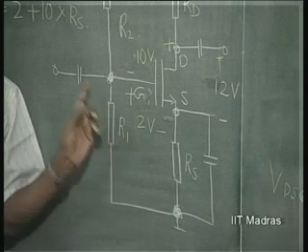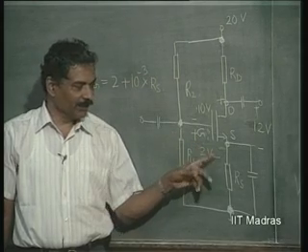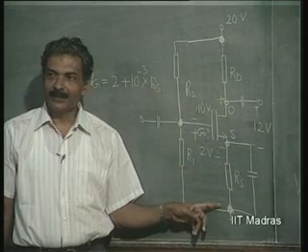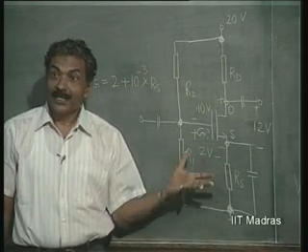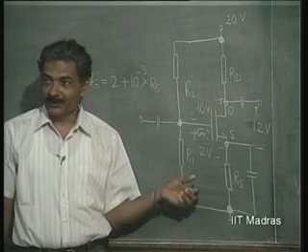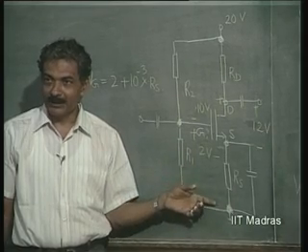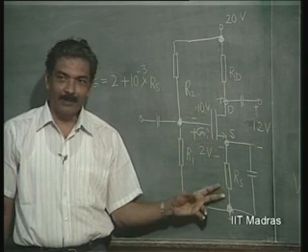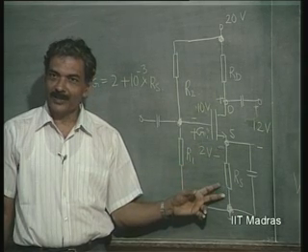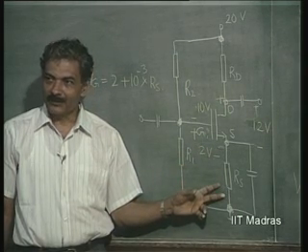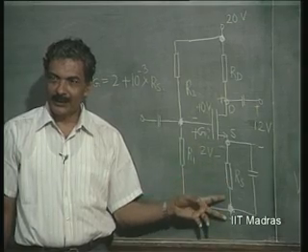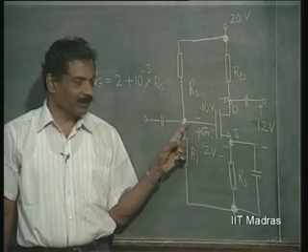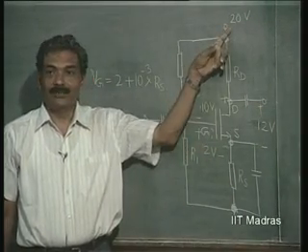But you might say, why 10 volts? If this is 2 volts, I would like to have here, say, 10 volts or even 12 volts or 20 volts. Is it possible? It is not possible, because compared to 2 volts, if you want to make this very high, strictly speaking, you should have chosen it as 20 volts. If this is 2 volts and this is 20 volts, this is 22 volts, you have only 20 volts.